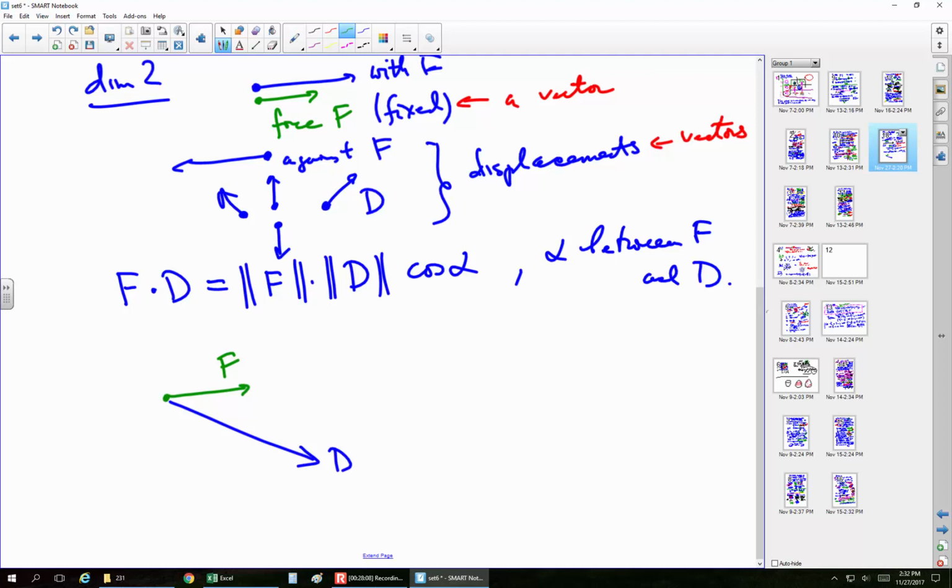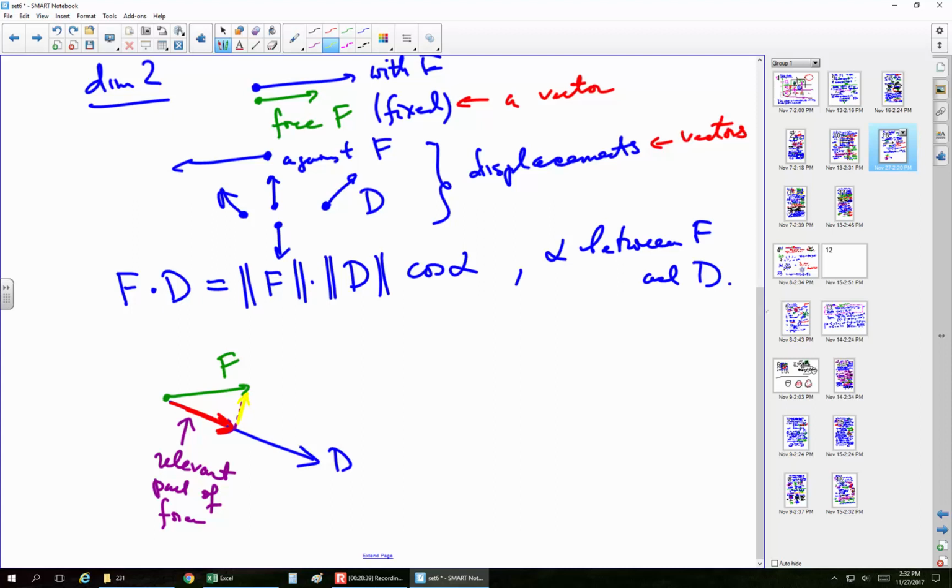Then the relevant part will be this. This is the relevant part of the force, and the perpendicular part will be irrelevant. Let me put it in red. This is the important part, and the part that we quite literally throw out is this one.